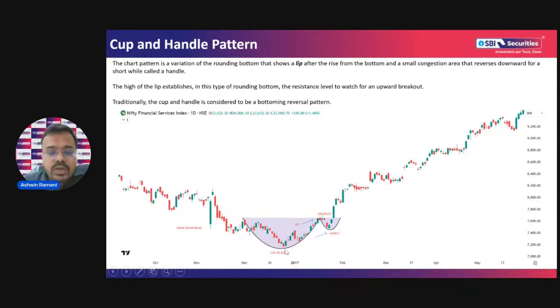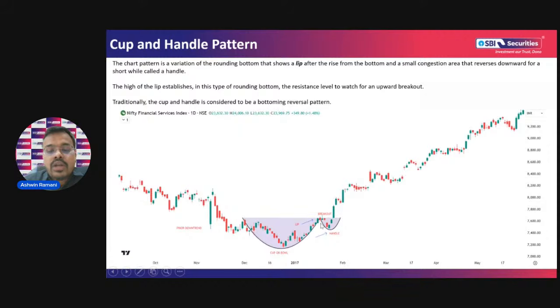So there is a lower low and there is a higher low. Then it's not that it breaks out, then again it goes down, and again it makes a small rounding bottom. So एक बड़ा rounding bottom है, फिर एक छोटा सा एक rounding bottom है, and that is where your cup and handle is, and once this breaks out, that is where your entry would be, and this is again your neckline.